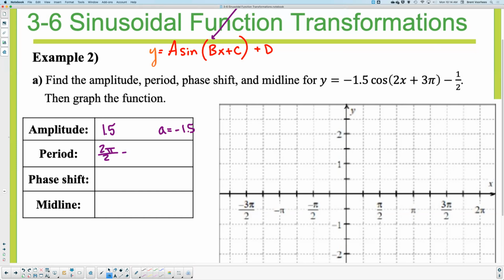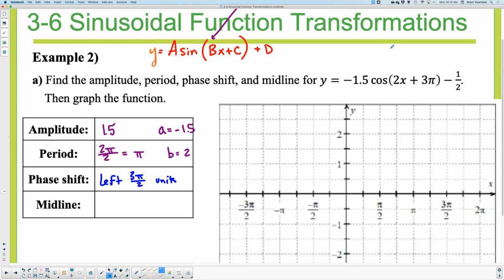What's 2 pi divided by 2? Pi. That's because B is 2 there. Okay, phase shift. And here's what's different. So normally we would just say, oh, that's going to be left 3 pi, but you have to solve the argument. The argument's the inside. So it's actually going to be left 3 pi over 2 units.